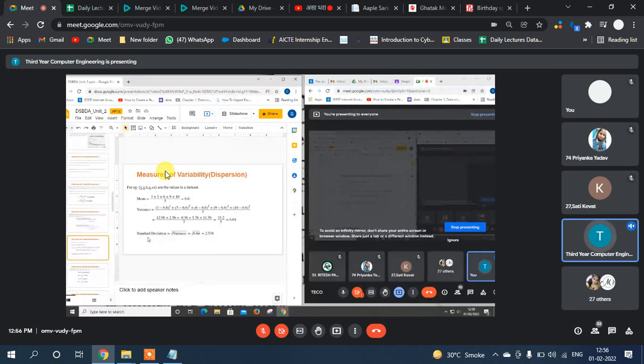As I said, ready-made functions are there in programming languages, so you don't need to actually calculate these values using a calculator. By using a function, we just have to pass the size of the data set and the records. Automatically, it will calculate variance and standard deviation. It's not a big deal for a programming language, but we need to understand how to calculate the variance and standard deviation and when to use those terms.